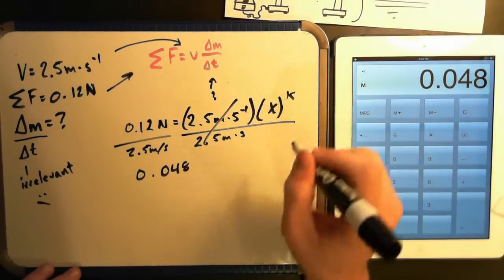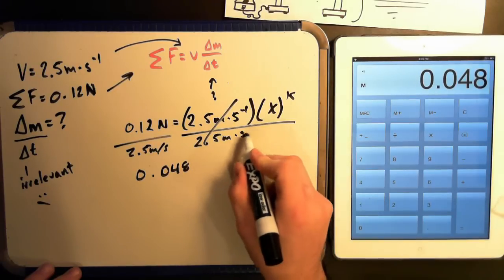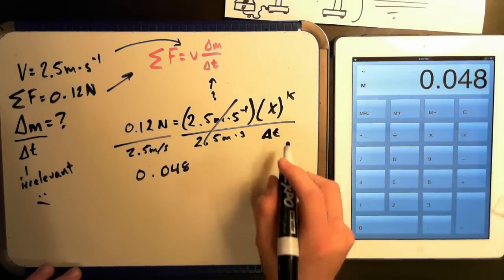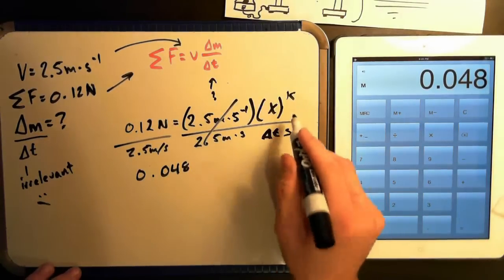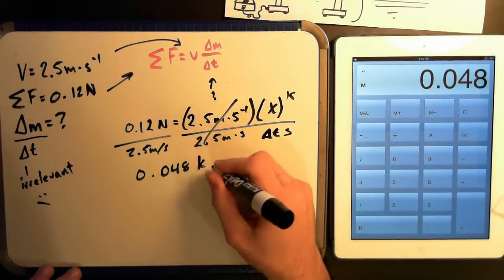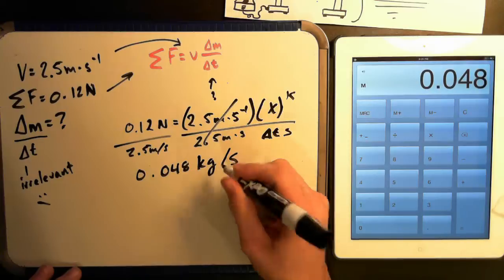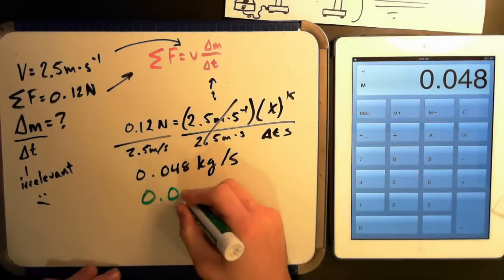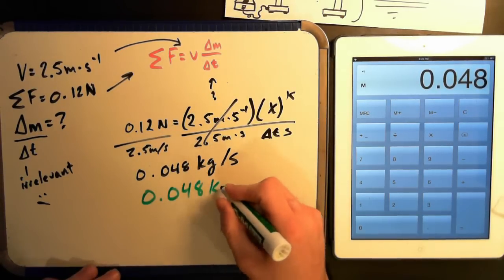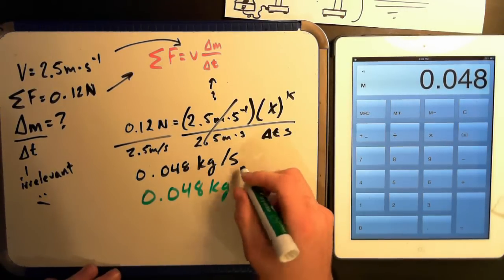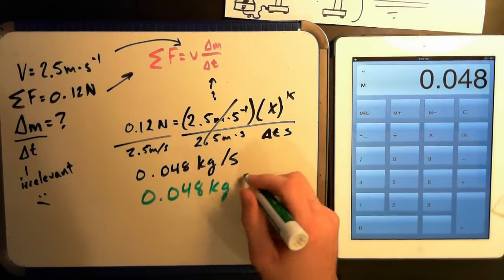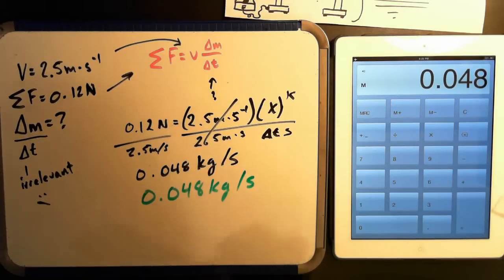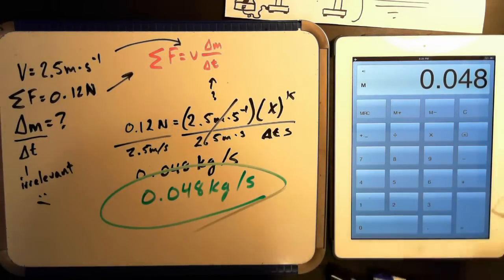So this is in kilograms, and actually this is time over here. So remember, delta t down here, that's in seconds. So kilograms divided by second is what we're going to do, kilograms per second. And actually, that is our answer. Forty-eight thousandths of a kilogram per second. Awesome.